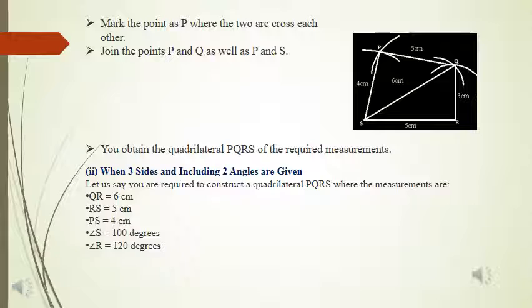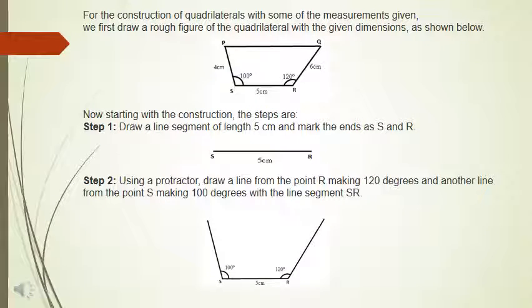Now students, this is another construction of quadrilateral where three sides and its two included angles are given. Before we start to construct that quadrilateral, we have to draw a rough sketch according to the given information. Then we will start this construction.